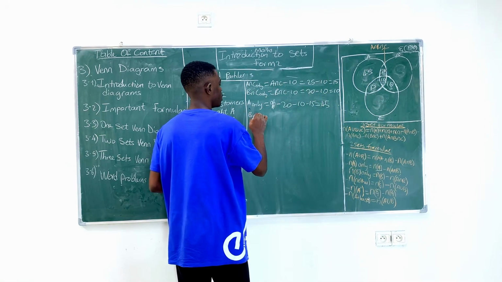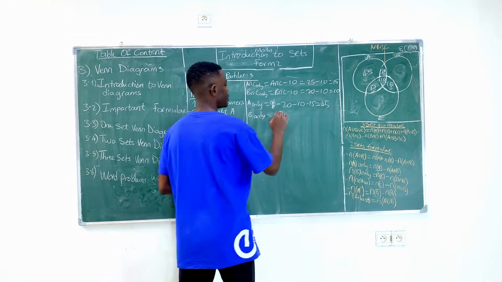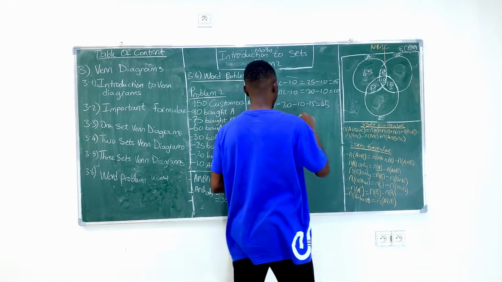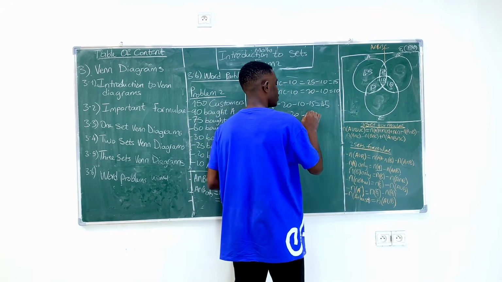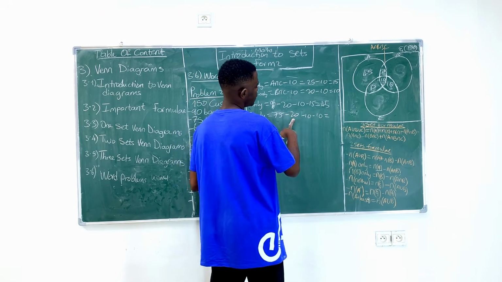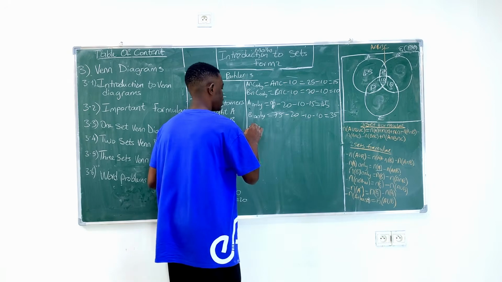What is B only? B only is going to be our actual B, 75, minus all the intersections enclosing B. 20 minus 10 minus 10. 75 minus 20 is 55, minus 10 is 45, minus 10 is 35. So now C only.